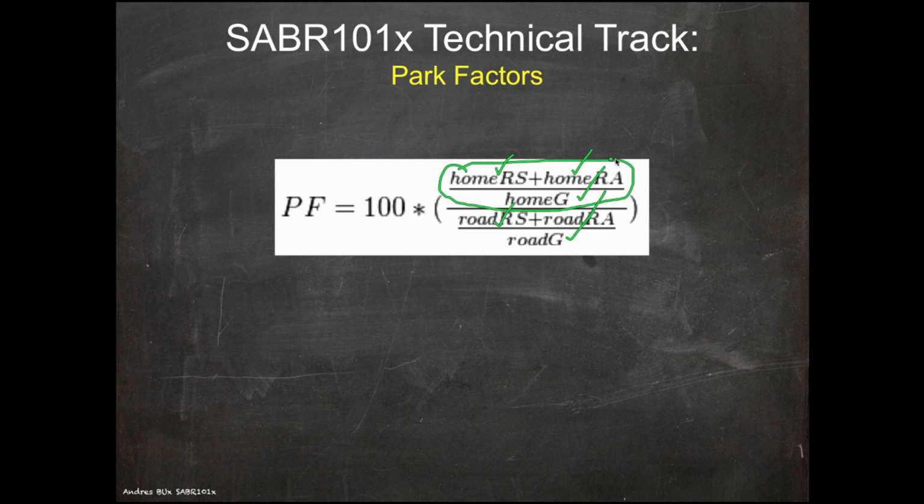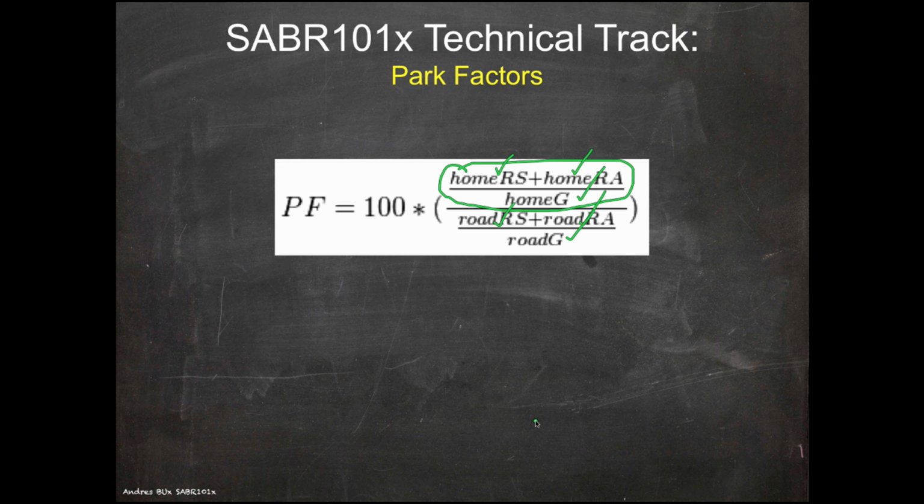So this is a ratio of run scoring in their home park versus run scoring when they're on the road. And it's multiplied by 100 so that 100 is neutral. This formula and this formula are the same, so this ratio becomes 1, meaning the park factor is 100. So that's an explanation of the formula.